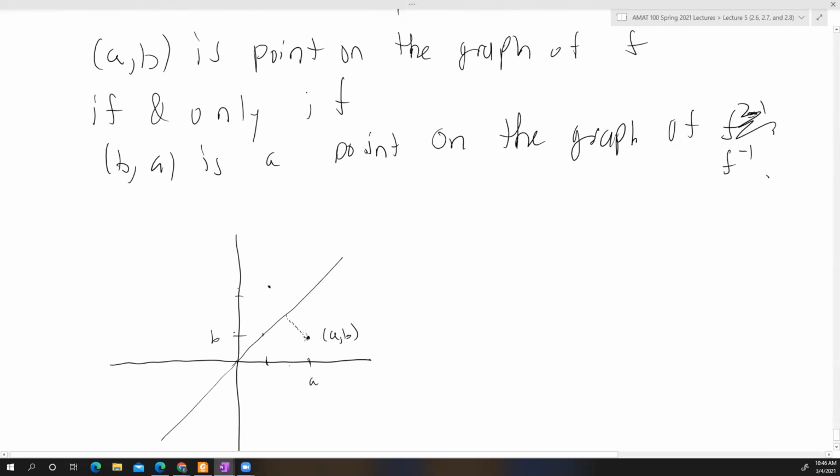So this will be point (b, a). This distance is supposed to be the same as this distance, and this distance the same as this distance right here. But it's not perfect. These are reflections about this line y is equal to x.